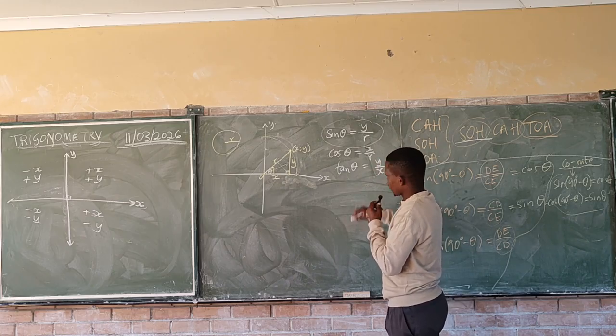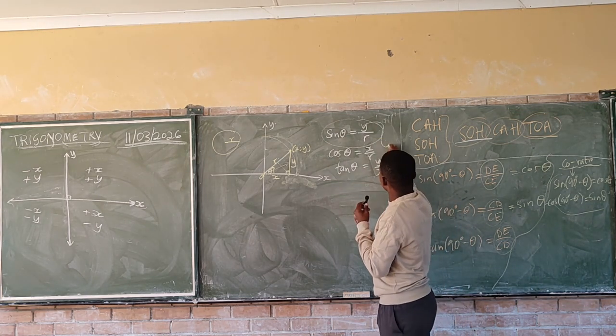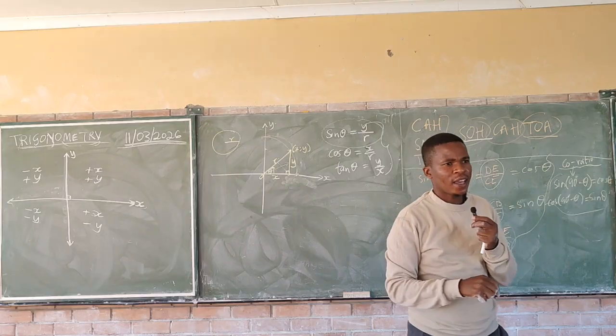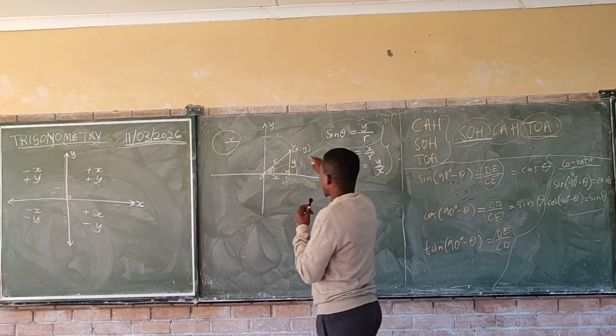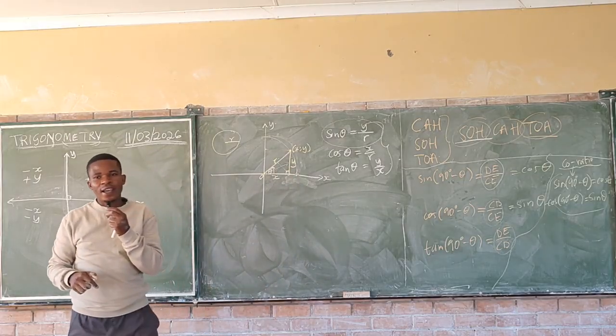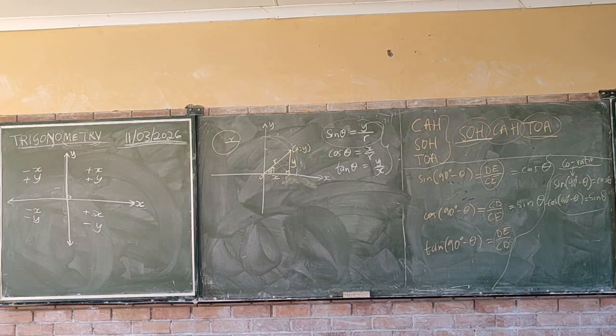So these are our trig ratios in terms of x, y, r. We are still using our SOHCAHTOA, but now we are in a Cartesian plane, hence we have to use x, y, r. But the definition is still opposite over the hypotenuse and so on.